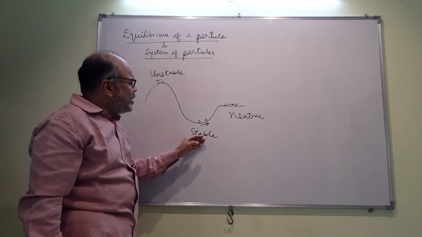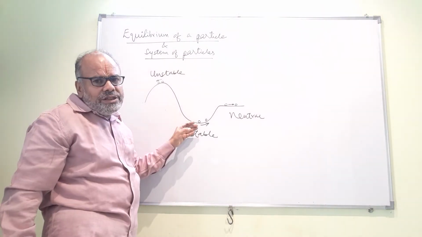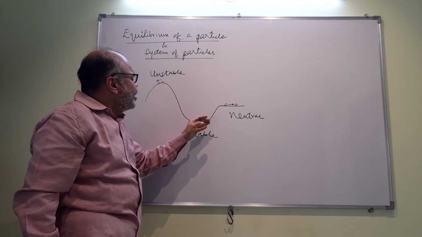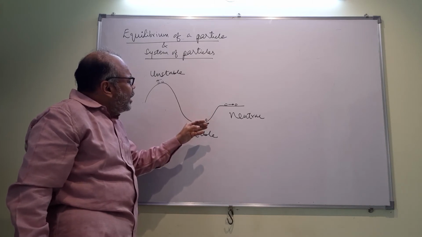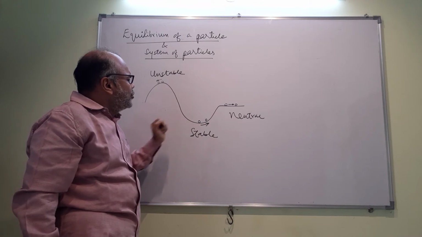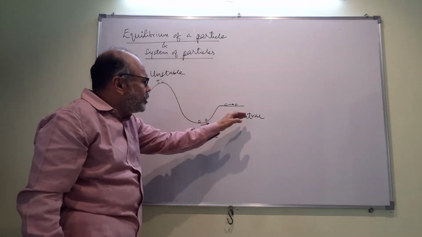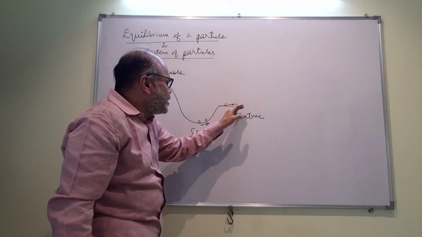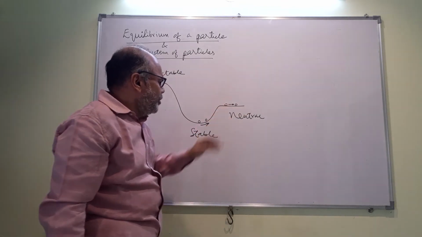In the case of stable equilibrium, the potential energy is minimum. When you disturb it, the potential energy increases and the system has a tendency to get back to its original position. In the case of neutral equilibrium, the potential energy is constant. It neither increases nor decreases when you disturb it.